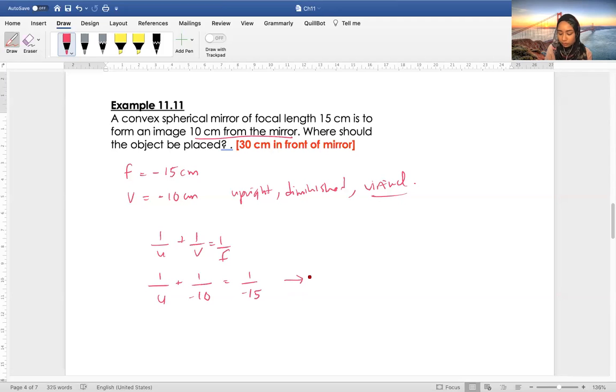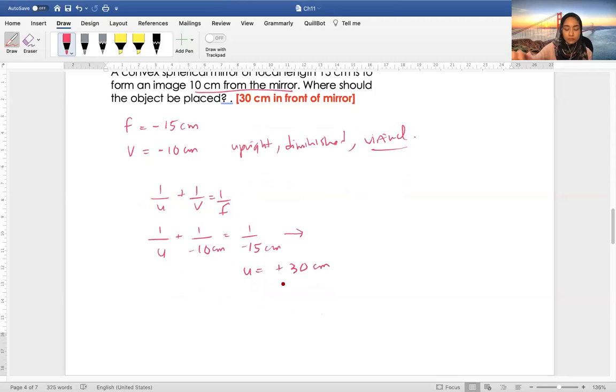So 1 over 10, please bear with me, those who are already good at this. So your U is positive 30 centimeter, because this was in centimeter, this is also in centimeter. So your answer will also be in centimeter. If you decide to convert everything in meter, your answer will be in meter. Okay, so U positive 30. Positive means real, so in front of the mirror.